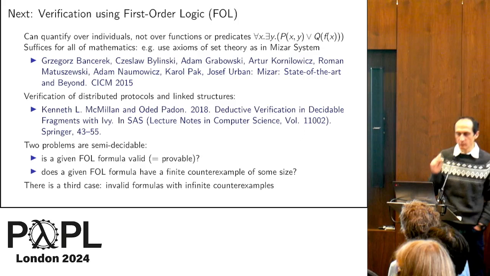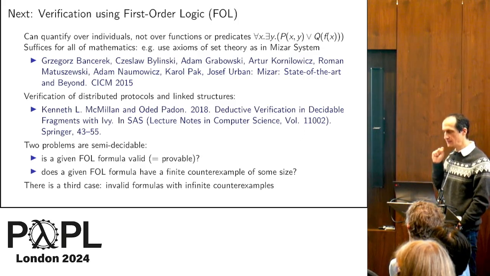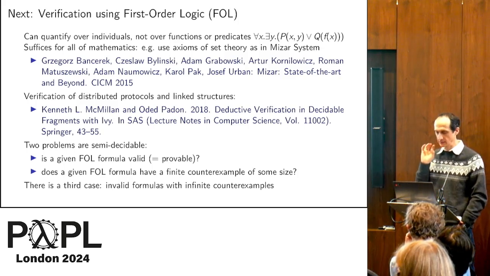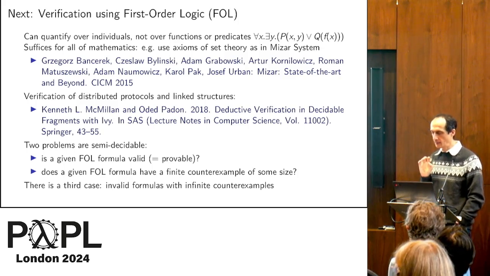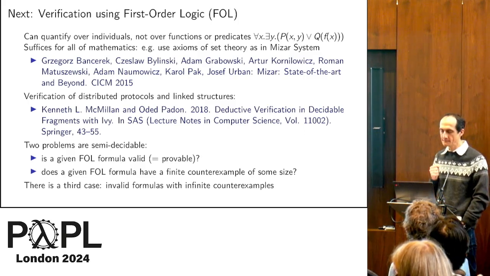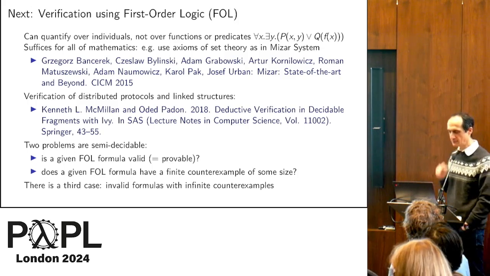And I'm going to now move to a slightly different topic, which is verification of first-order logic properties, which sounds like a fairly independent deductive problem. But in fact, it is motivated by verification of distributed systems as well. And well, first-order logic is sufficient to axiomatize all the knowledge of mathematics.